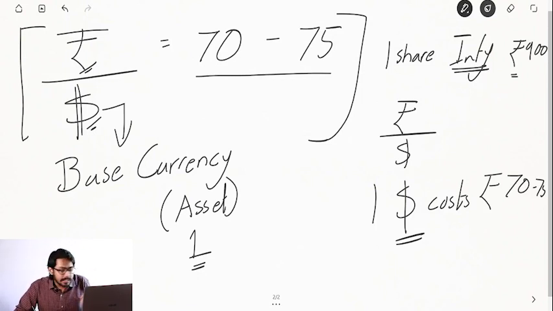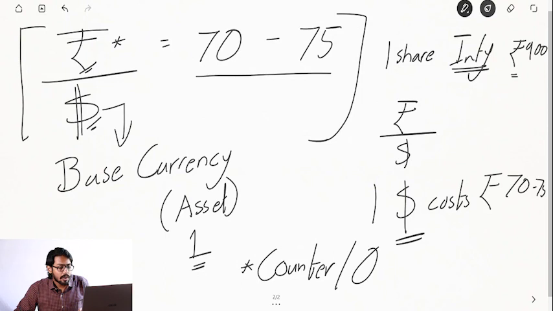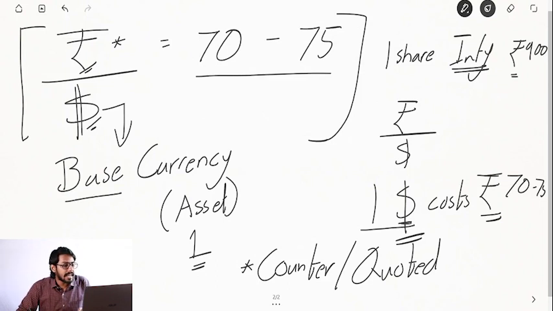Now, this dollar is expressed in terms of rupee, which is called the counter currency or the quoted currency. $1 costs rupees 70 to 75. Dollar is called the base currency, it is the asset. Your discussion is about dollar, you talk about the price of dollar. Here you spoke about the price of a share of Infosys.